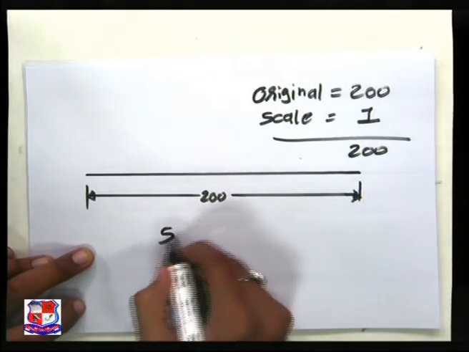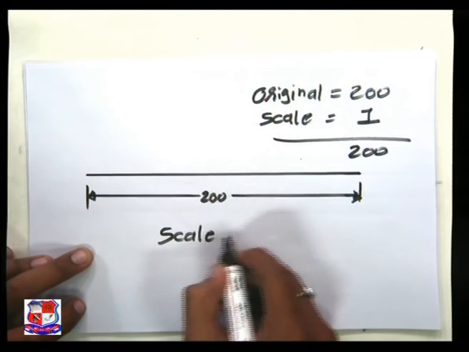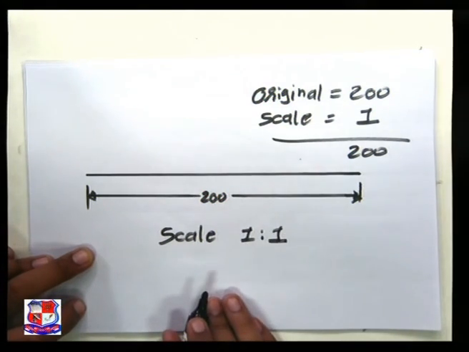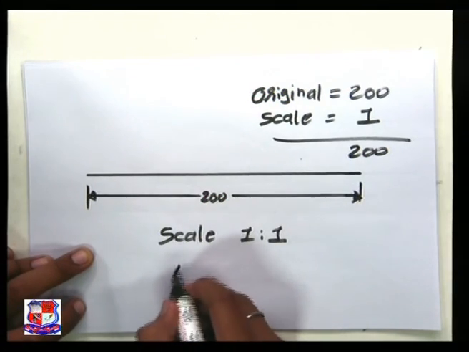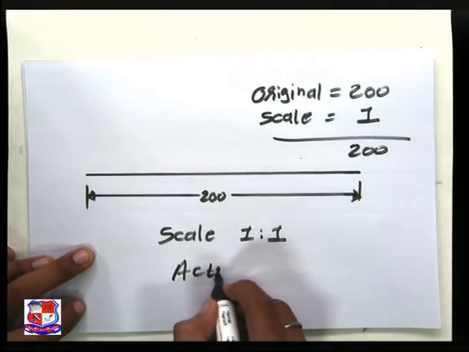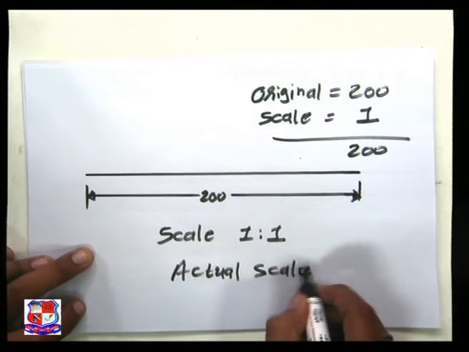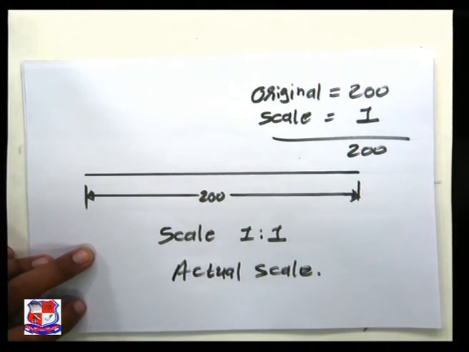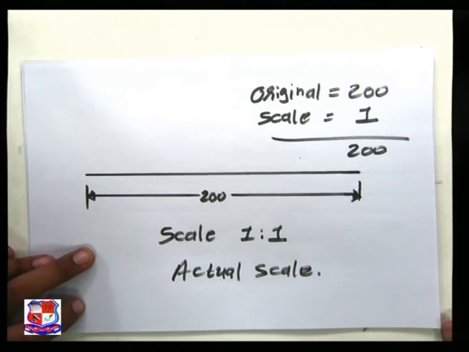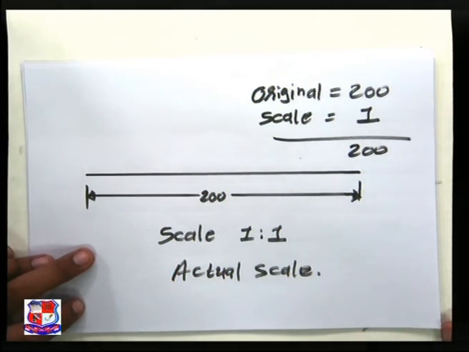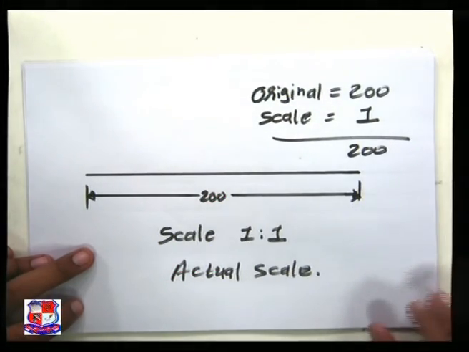So what is the scale? Scale is 1/1, and it is called the actual scale. So when next time this kind of question comes, why drawing scales are used, what are the drawing scales, then you need to explain this.